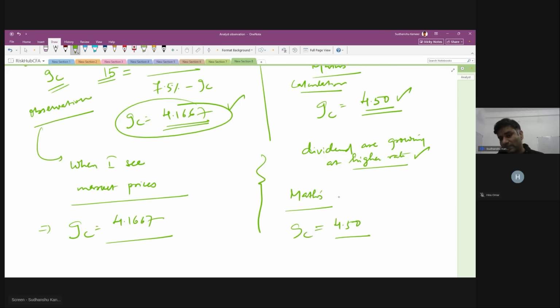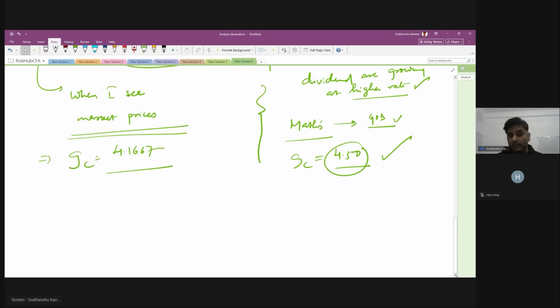Since maths says so, we believe in maths. Whatever we are seeing in market prices is not true. Maths tells us the right picture. Now the simple point is, if current market prices show you less growth but your calculation shows higher growth, you'll definitely say, oh, this is so nice.